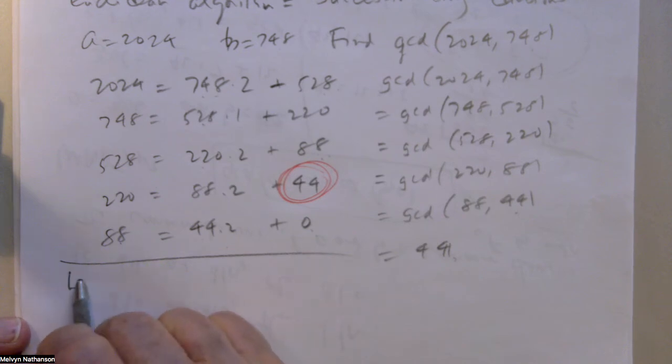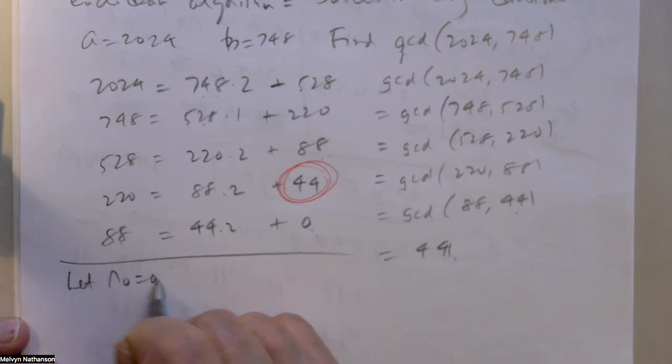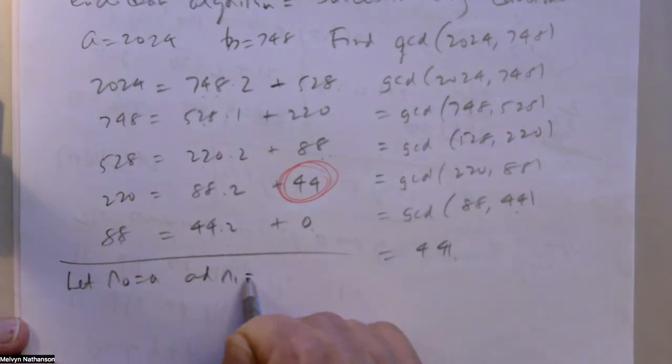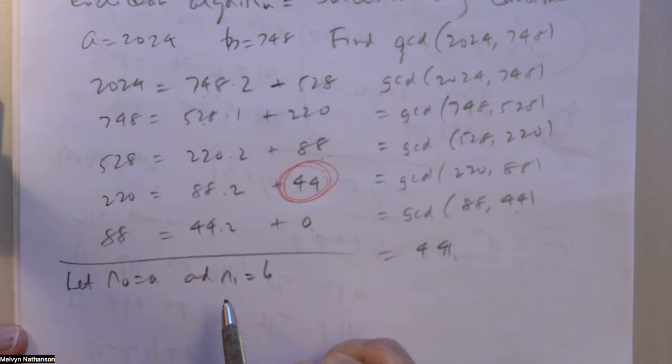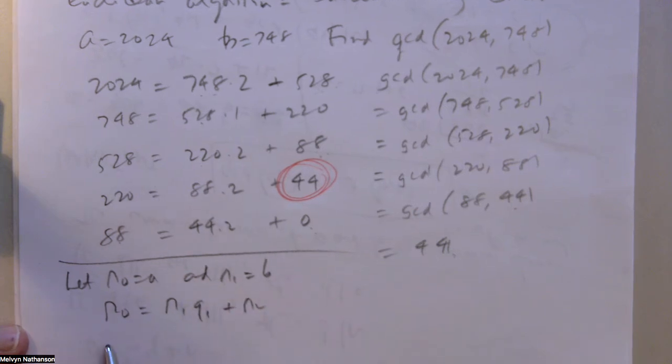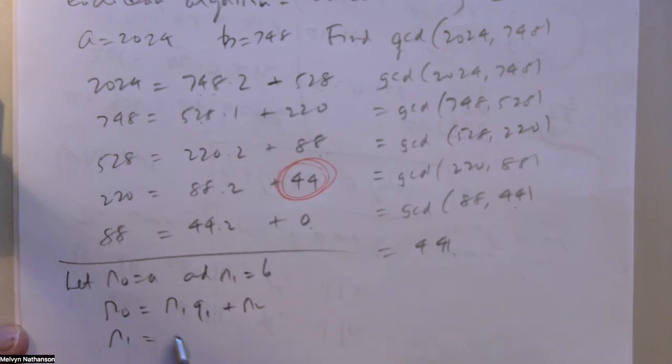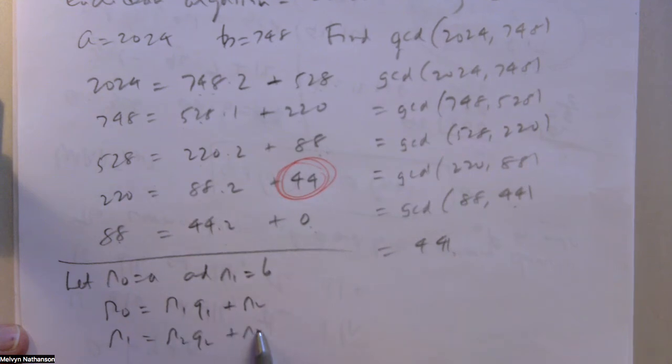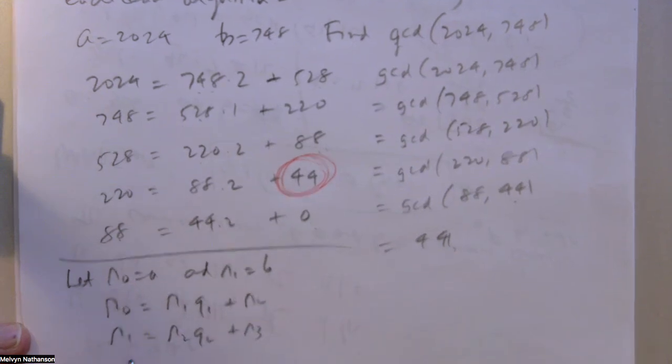Suppose we let R0 be A and R1 be B. So we're taking R0, writing it as R1 times a quotient plus the remainder R2. Then we're taking R1, dividing it by R2, you get a quotient Q2 and a remainder R3.